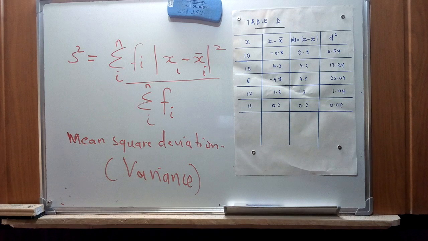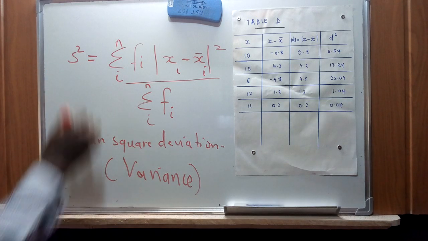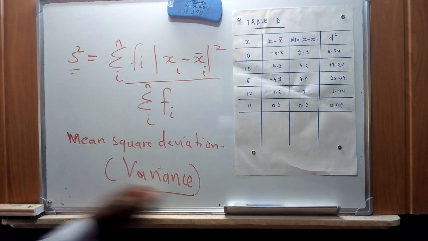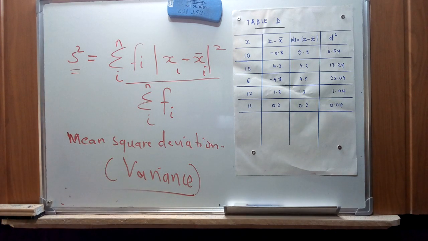So that's the concept. From that table, we can derive the mean square deviation, which is abbreviated using s squared, and we can allocate to it another name that is known as the variance. Now, the square root of the variance is called the standard deviation.